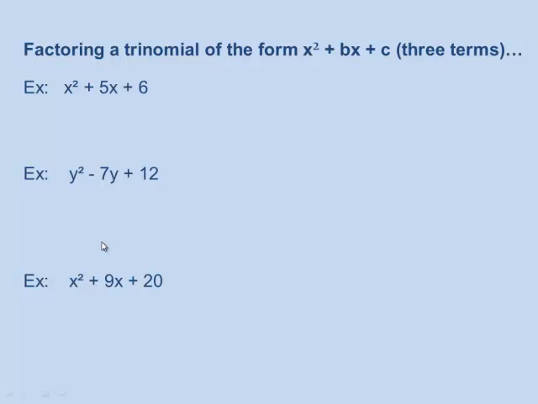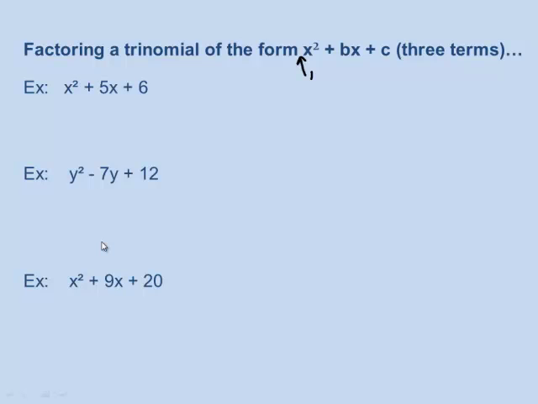All right, so let's review factoring trinomials for a minute. If we have a trinomial that has a leading coefficient, or an a value, of an understood 1, then these trinomials are fairly easy to factor with not a lot of special steps involved.